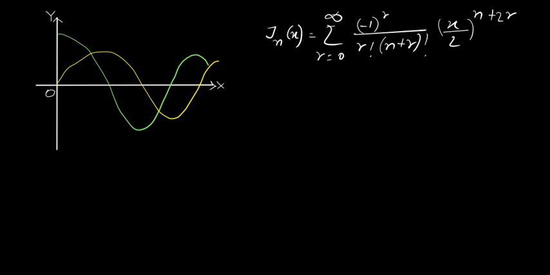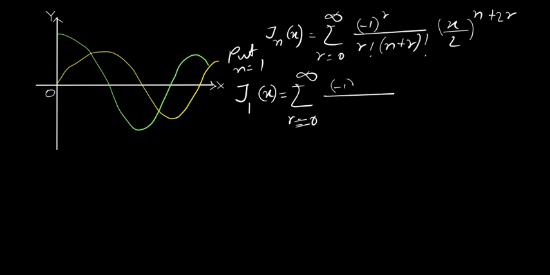Putting n equals 1, J_1(x) equals summation r equals 0 to infinity of (-1)^r by factorial r into (1 plus r) factorial, times (x/2) to the power 1 plus 2r.